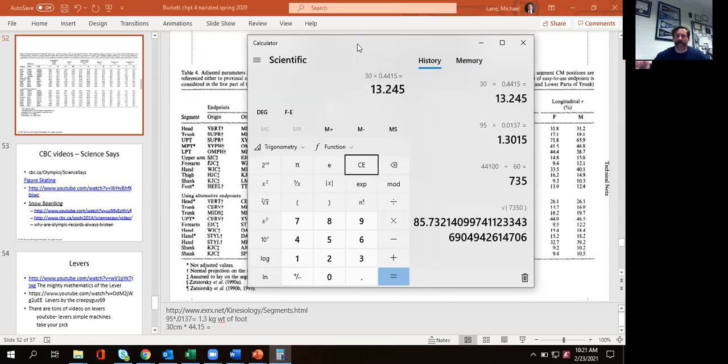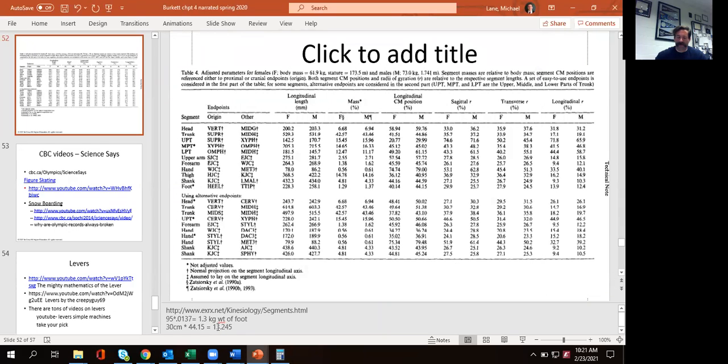So we have 13.245 centimeters. Because my foot is 12 inches long, so 12 inches times 2.54 centimeters per inch, and then being lazy and not bothering with the 0.4 part. 95 is, I weigh 95 kilograms.